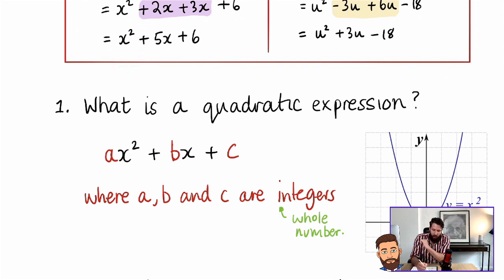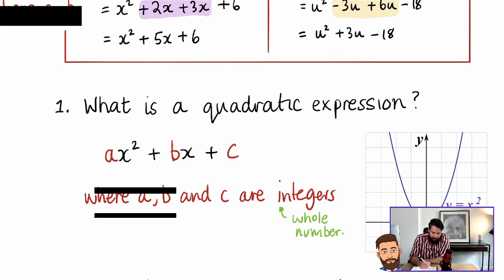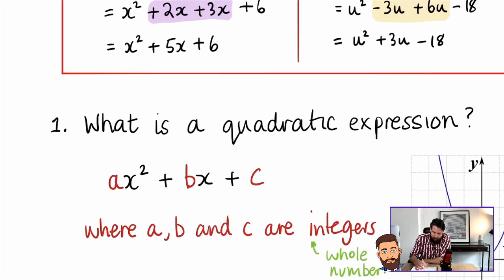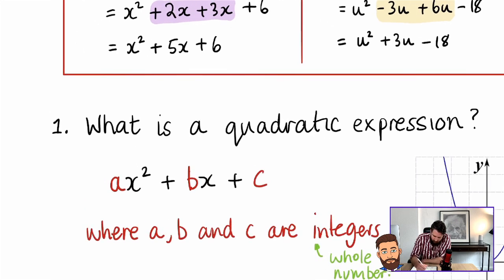So what are these things called? We refer to these A, B's, and C's, well, the A and the B, as coefficients. They are coefficients, okay? So we'll say this is B, and it's the coefficient of x. What does that mean?